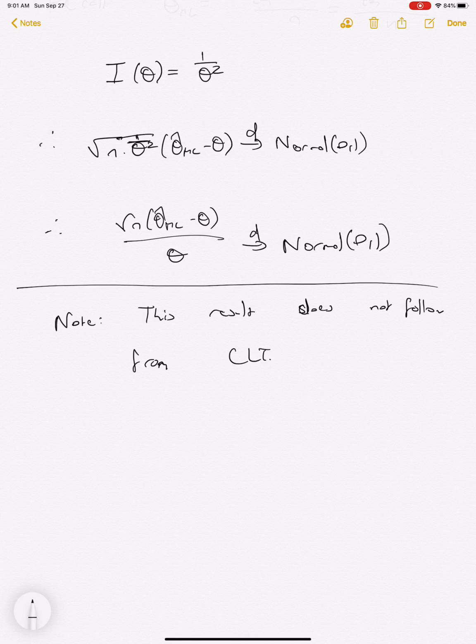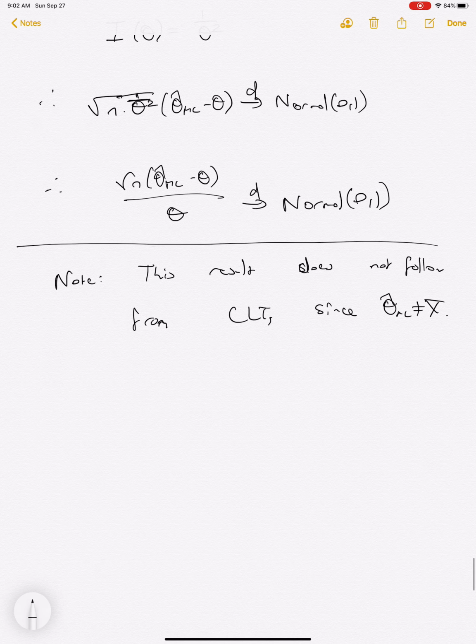It follows from something maybe similar, but it's not exactly that, because in this case theta hat ml is not equal to x bar. When you don't have theta hat ml equals x bar, you can't really use the CLT very much.